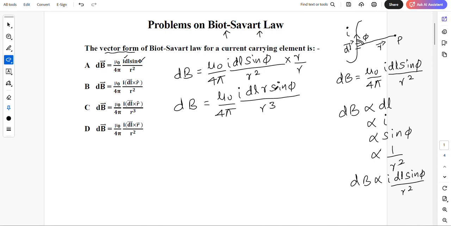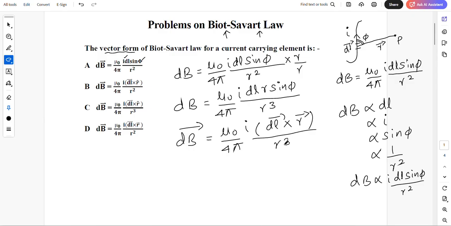I dl r sin phi by r cube. Now I can write this in the vector form, mu naught by 4 pi, I you can take outside, vector dl cross vector r divided by r cube. This is the vector form of magnetic field.